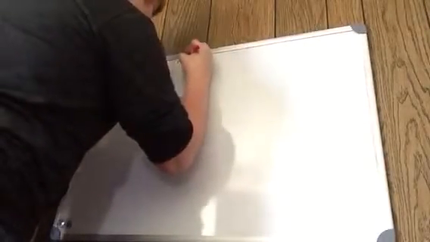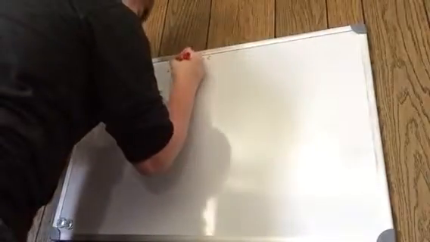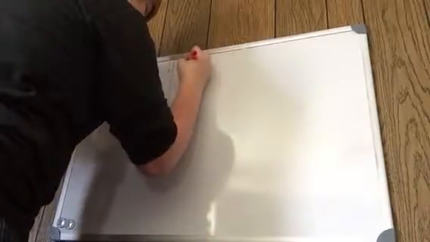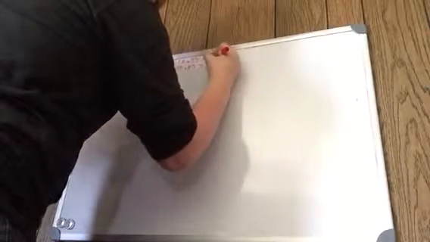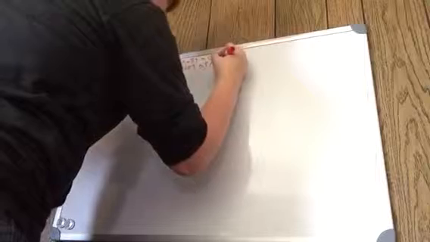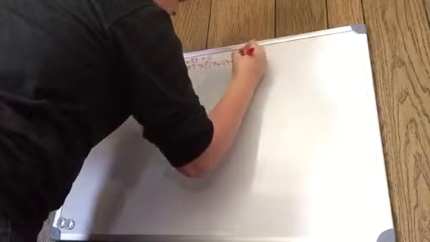The first thing we have at our disposal is A wedge B horseshoe C, and we also have the wedge E horseshoe F wedge G horseshoe A.